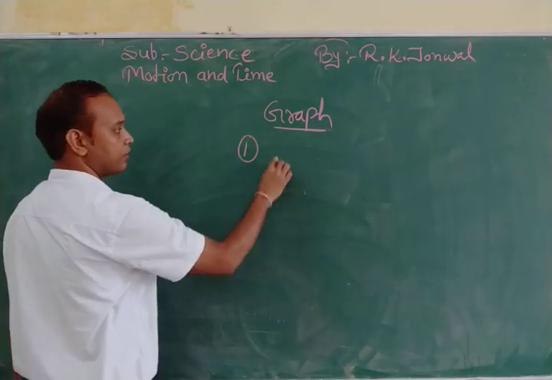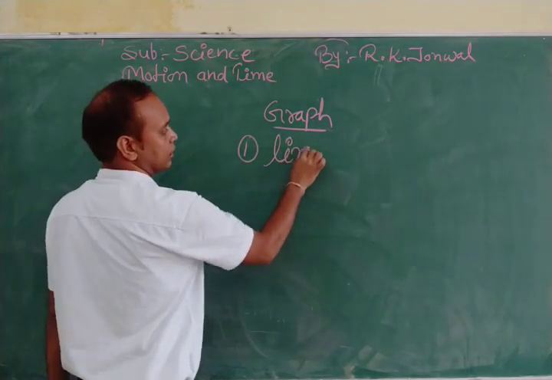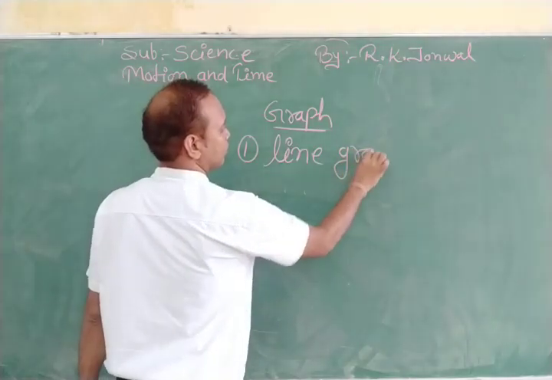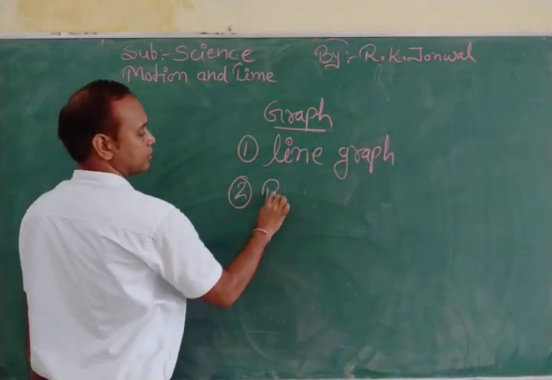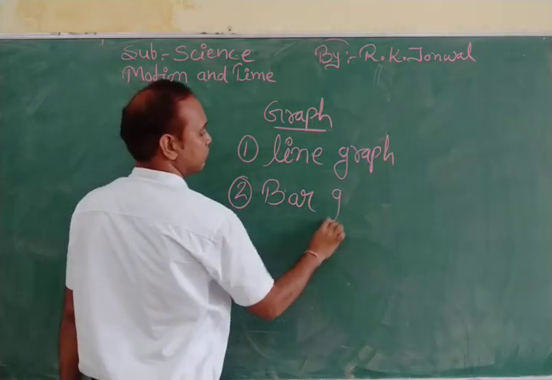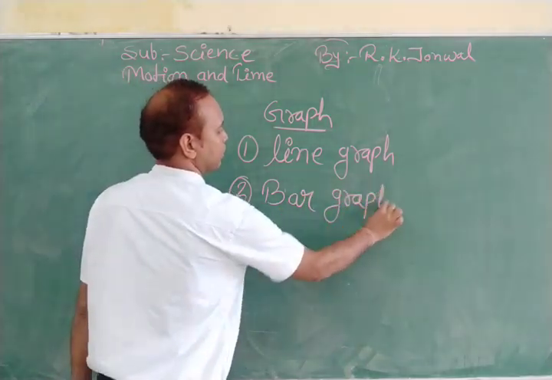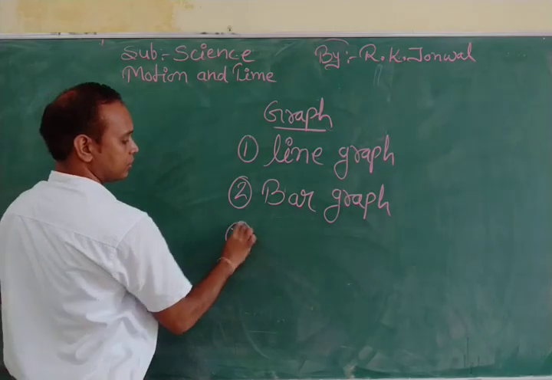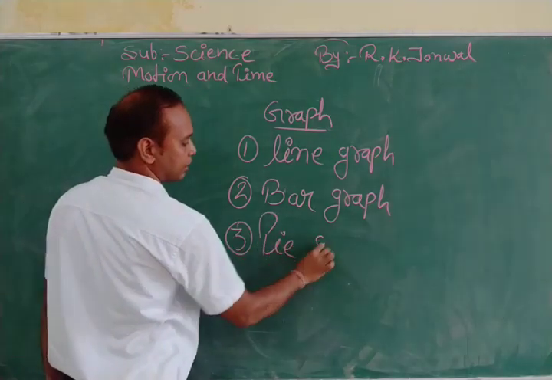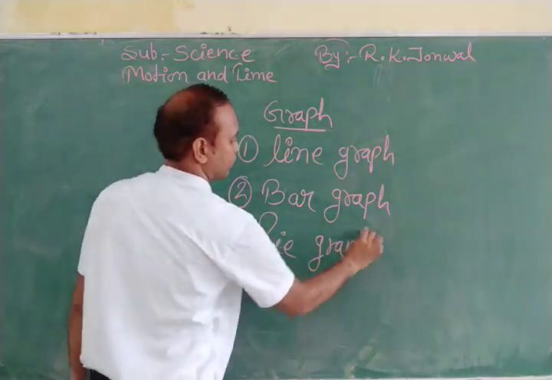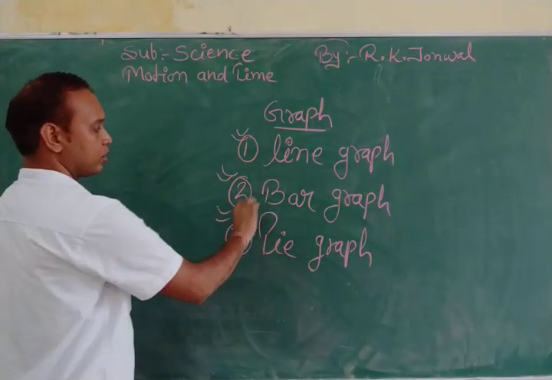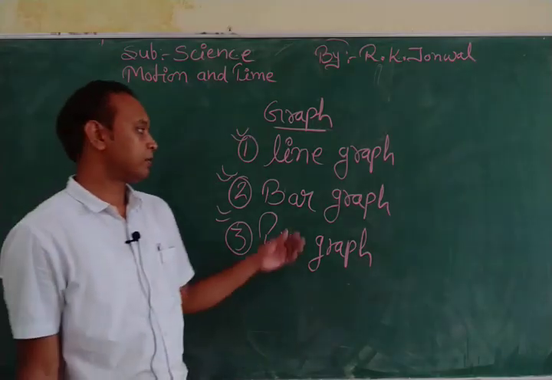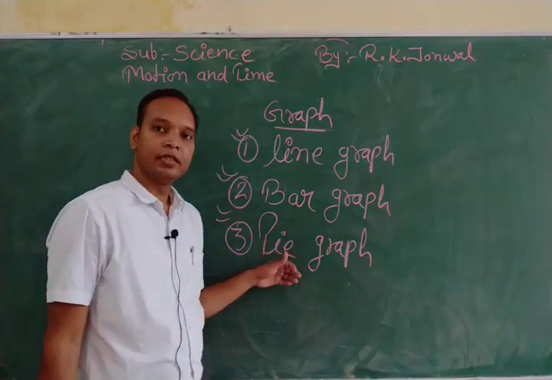Number one, line graph. Number second, bar graph. And number third, pie graph. So there are three types of graph we studied in this chapter: line graph, bar graph, and pie graph.